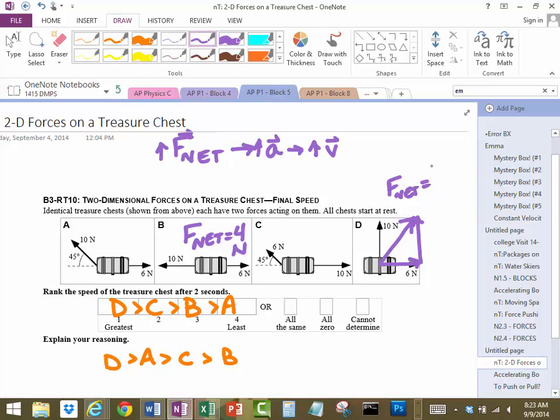So what did you get? 11 point something? Like 11.7-ish? Okay, so B and D are done. That leaves two more.